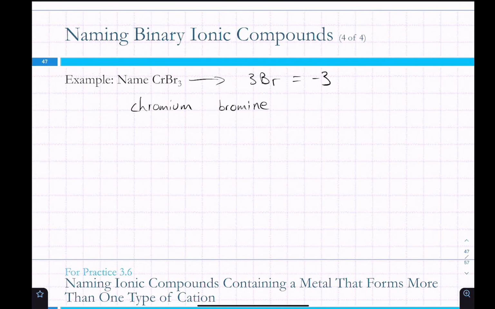And that has to be balanced by the chromium. So what's the charge on chromium? 3 plus. So this will be chromium, and then parentheses, 3. And then the last thing we change is the ending of bromine to -ide.